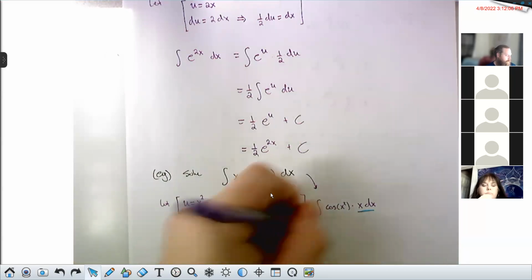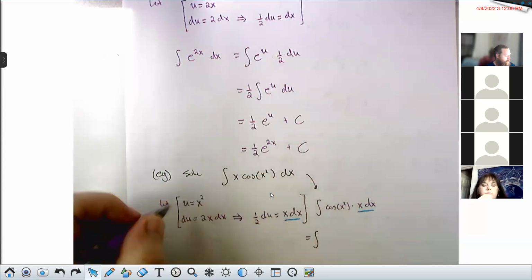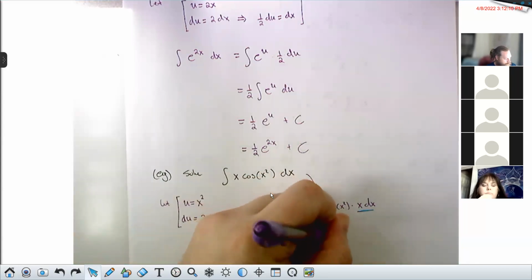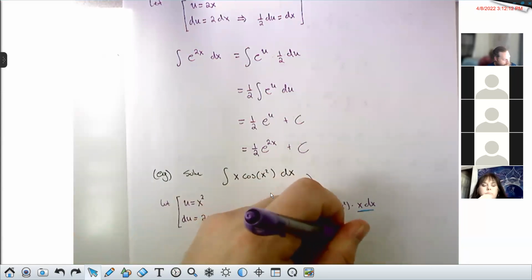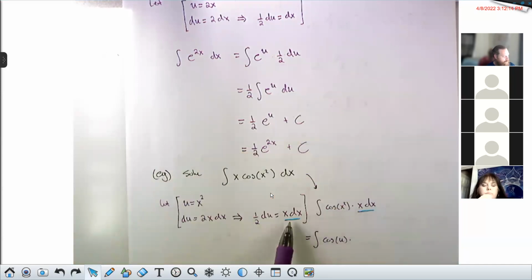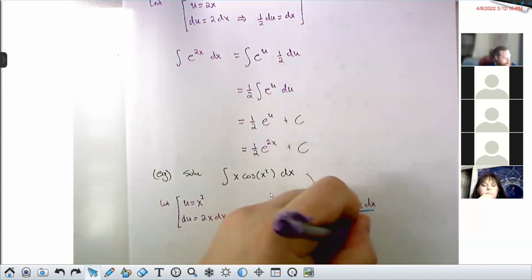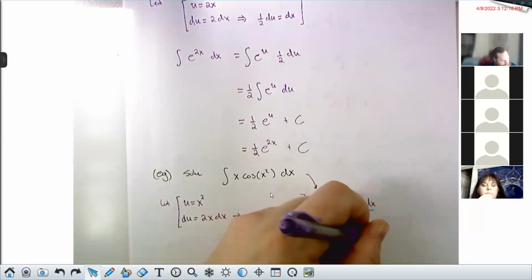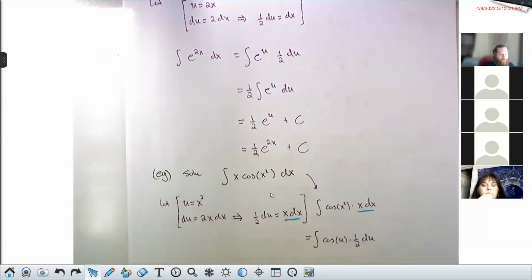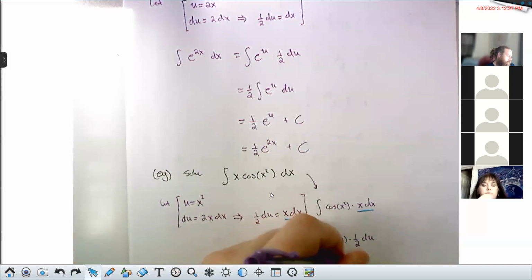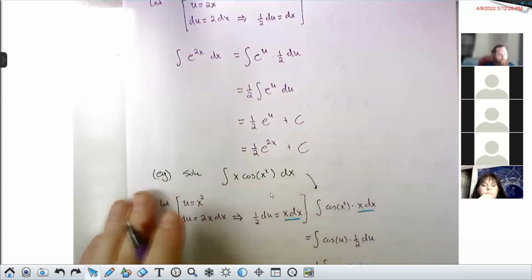So this becomes the integral of cosine of x squared, well, x squared is u, times x dx, well, x dx is 1/2 du. The 1/2 can come out, and I have the integral of cos u du.